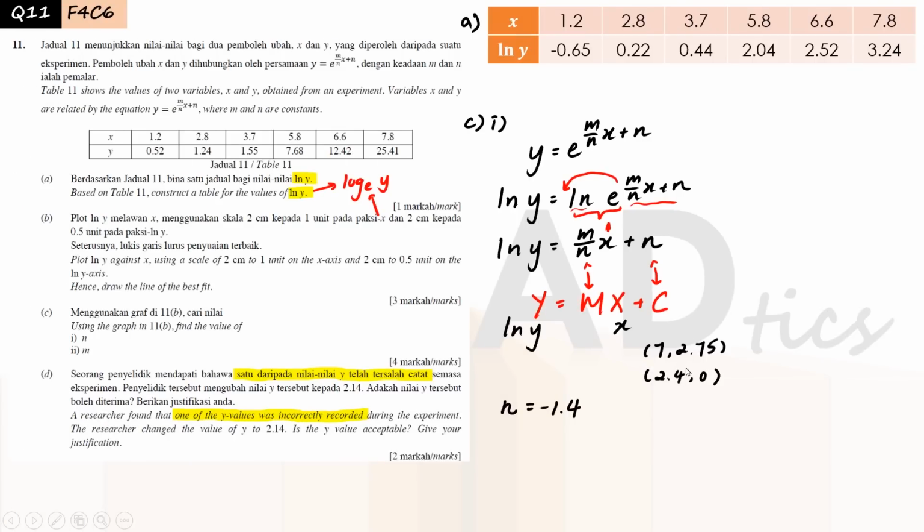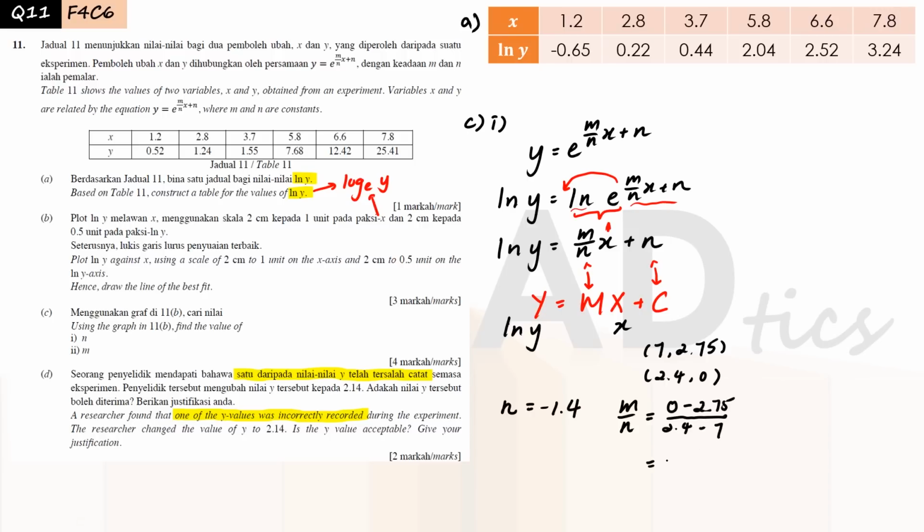So these are the coordinates of the points that we have selected just now. So let's find out the gradient, or the value of m over n. Okay, so let's use the formula. y1 minus y2 over x1 minus x2.